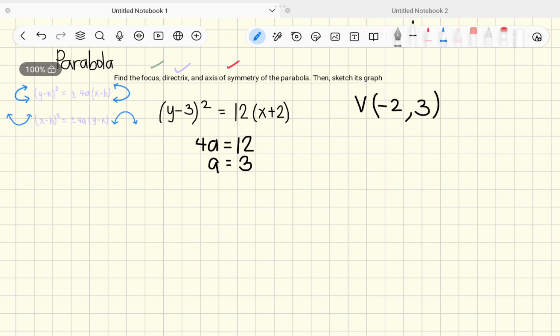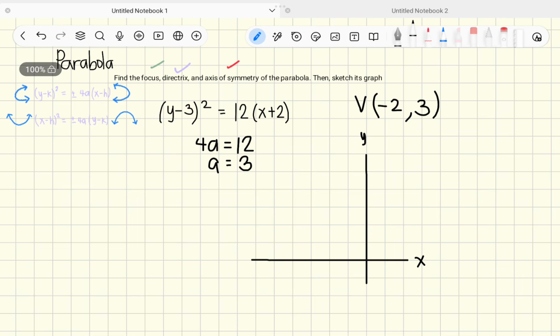Okay. So from quadrant 2, this is your x-axis and this is your y-axis. Now we move 2 units to the left.